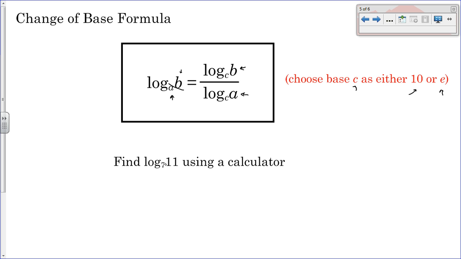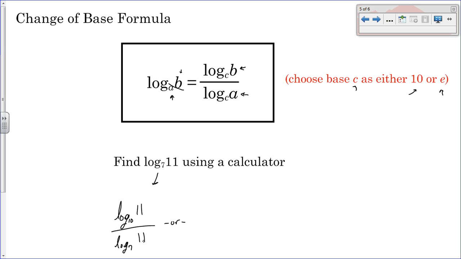You can in the Inspire that we use in class, but not on a TI-84 or something like that. So what we're going to have to do is go log base 10, which is what's in your calculator, of 11, because this is our B value, divided by the log base 10 of 7.